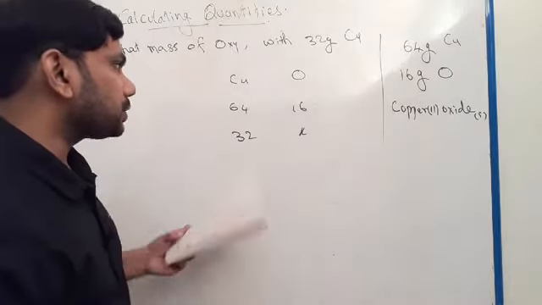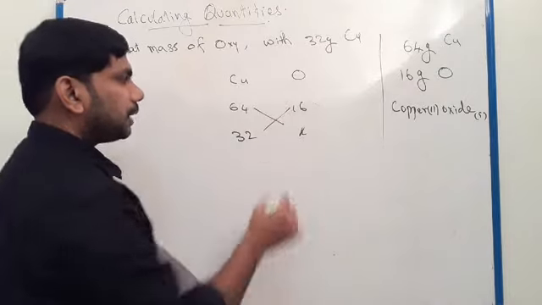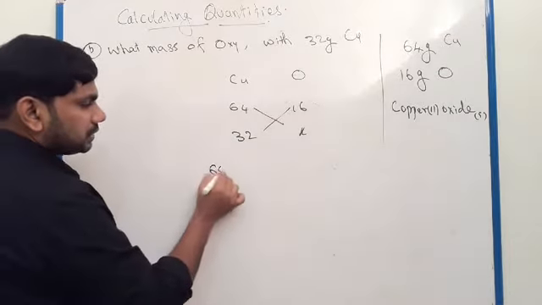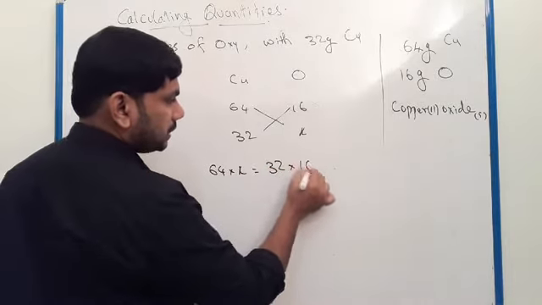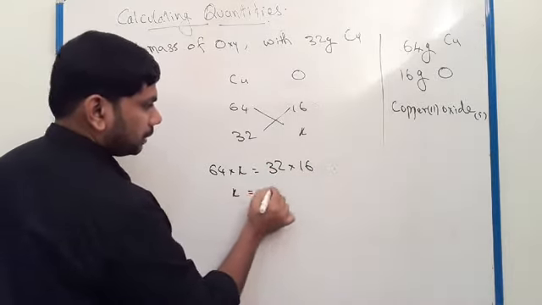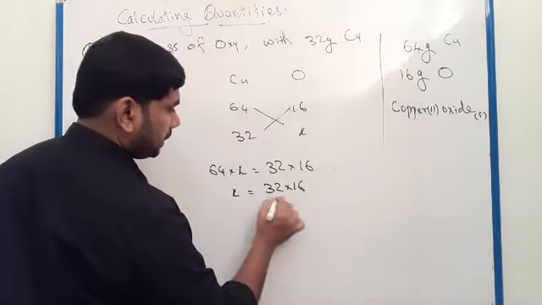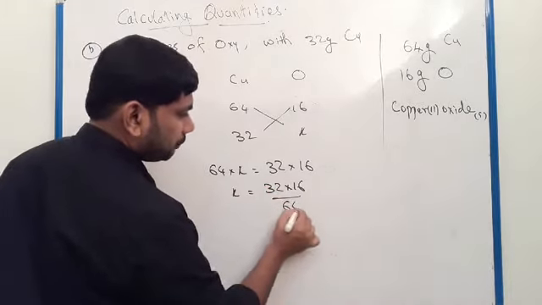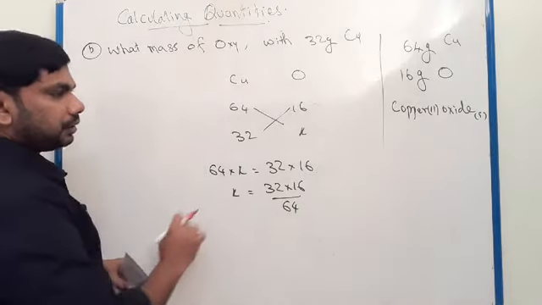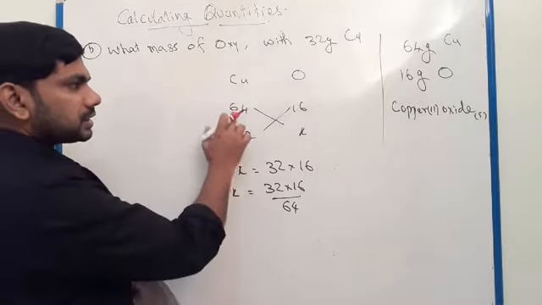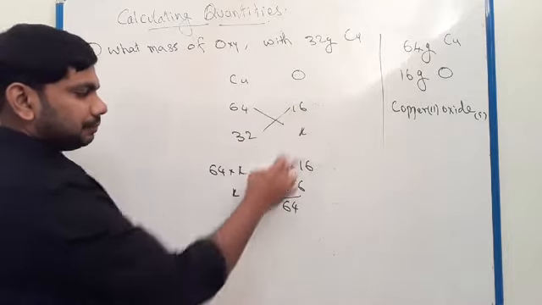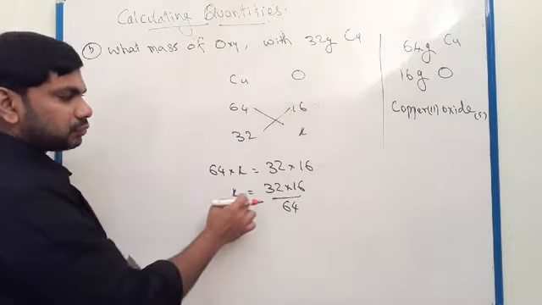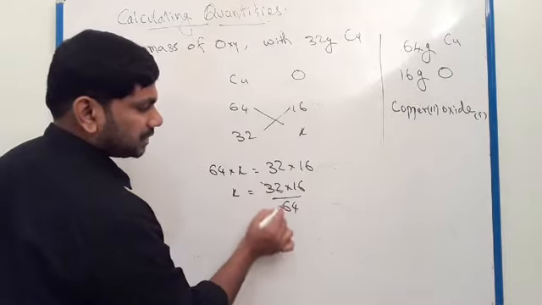We will do the same method and cross multiply. So 64 times x equals 32 times 16. So x will be 32 times 16 divided by 64. After cross multiplication, 64 times x equals 32 times 16, then x will be equal to this. So here you can say 32 divided by 16.